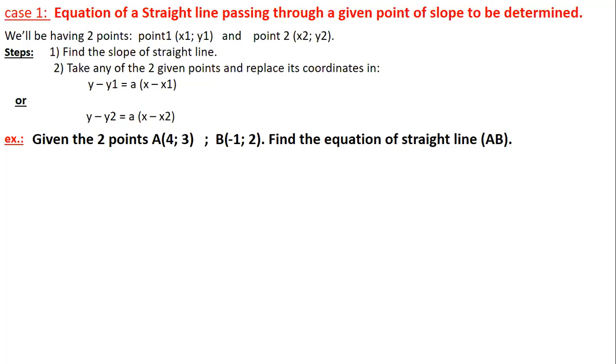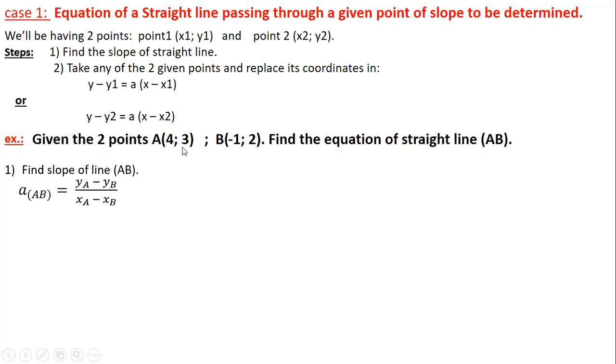The ordinate of A minus ordinate of B over abscissa of A minus abscissa of B. Never forget it. So we write slope of line AB is equal to YA minus YB over XA minus XB.